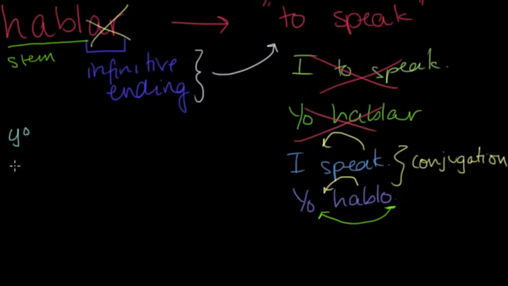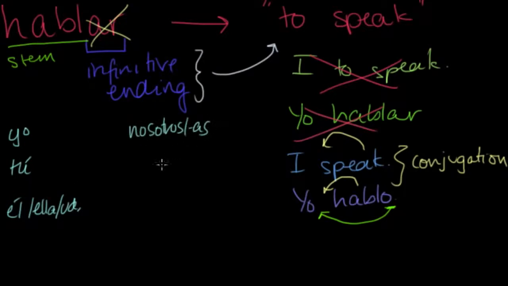So let's review our Spanish subject pronouns. We have yo, tú, él, ella, usted, nosotros, nosotras, and I'll just abbreviate a little bit, vosotros, vosotras, and ellos, ellas, ustedes.